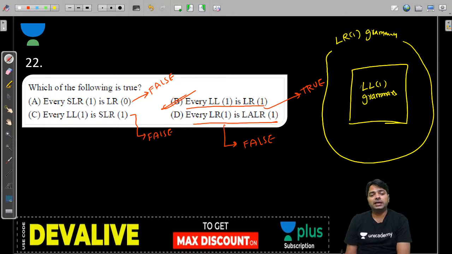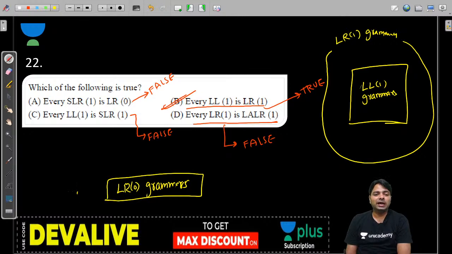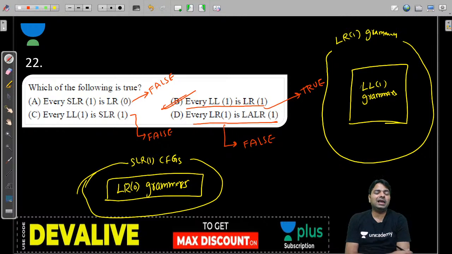But you know the relation between LR0 grammars, not one grammar guys, every grammar I am talking about. This class manages to stay inside the SLR1 class. Now how do you relate? Every LR0 is SLR1, and this grammar especially is not LR0 but SLR1. Yes, the second option is right guys.